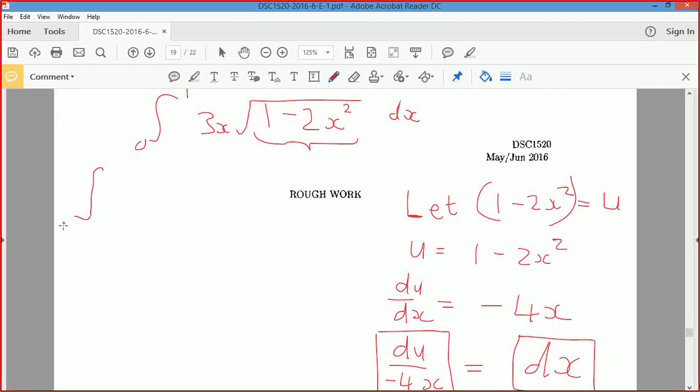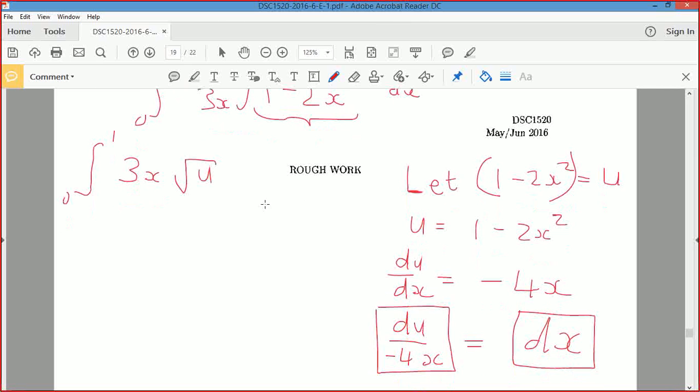The integral of 3x root u dx. What is dx now? dx is du over minus 4x. Can I cancel the x's? Yes, I can. That helps so much because now I've got rid of the fancy numbers or the variables and I'm just left with u.